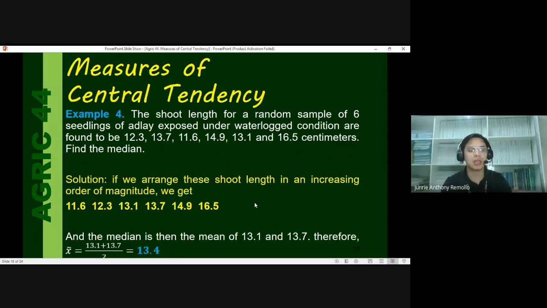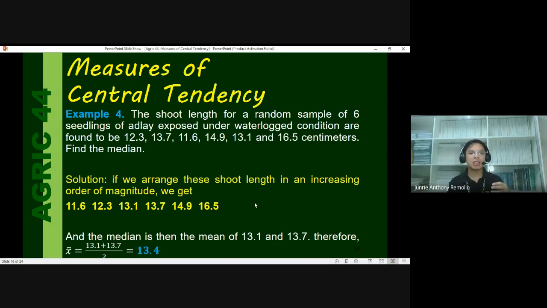Find the median. So of course, we need to arrange first the values of the shoot length in an increasing order of magnitude. Then we get 11.6, 12.3, 13.1, 13.7, 14.9, and 16.5.